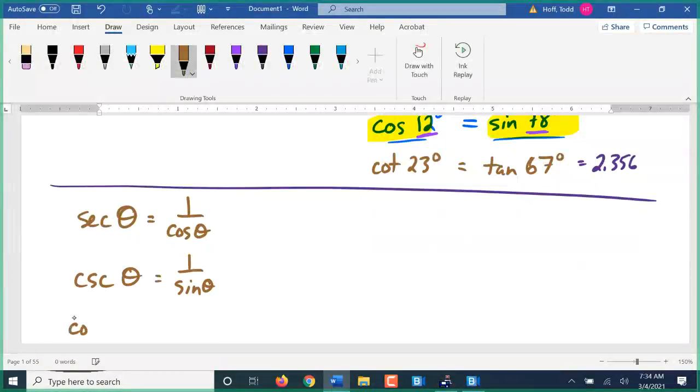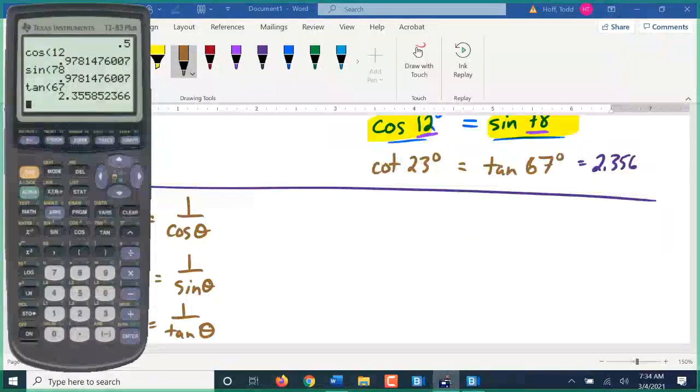And the cotangent of an angle was the reciprocal of the tangent of that same angle. So, cotangent of 23 should be the reciprocal of the tangent of 23. So if I type in tangent 23, close my parentheses, then use that x negative 1 button for my reciprocal key, I hit enter, I get the same result, 2.356.